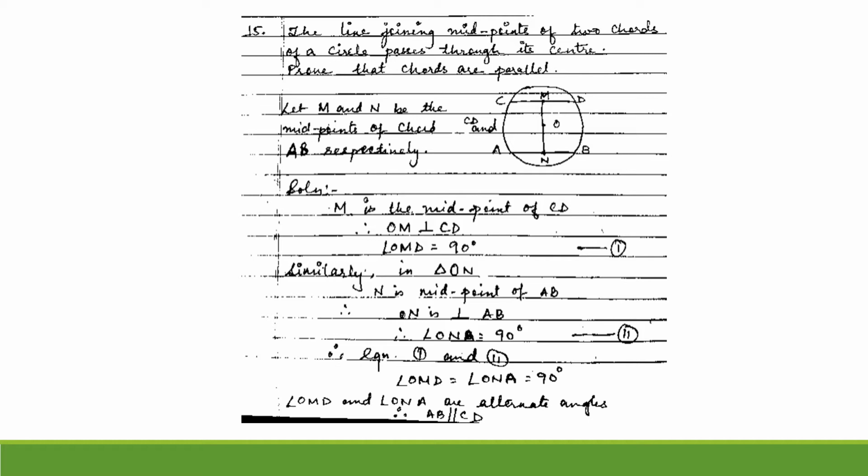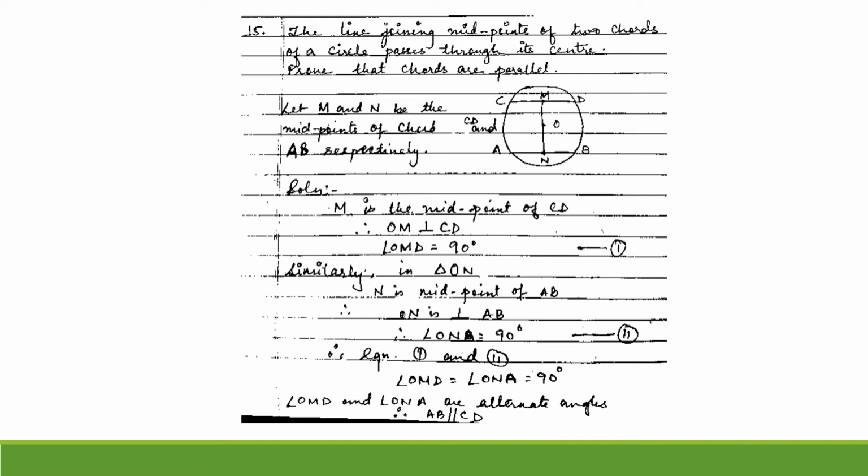So let us take that M and N be the midpoints of the chords CD and AB respectively, and M is the midpoint of CD which makes OMD 90 degrees. Similarly, if I take triangle ONB, or I can take ONA, let us take the side ONA here.